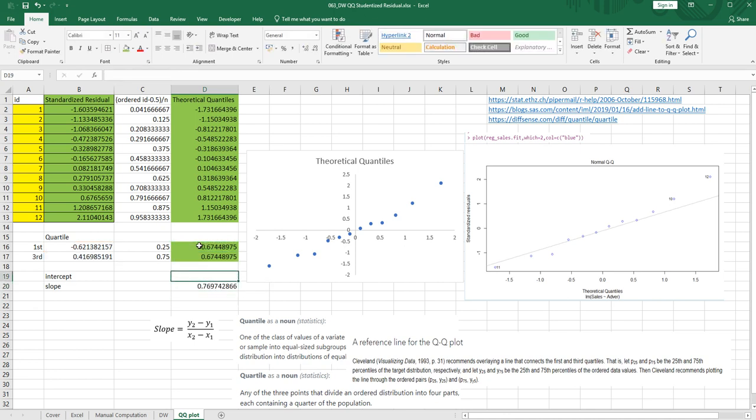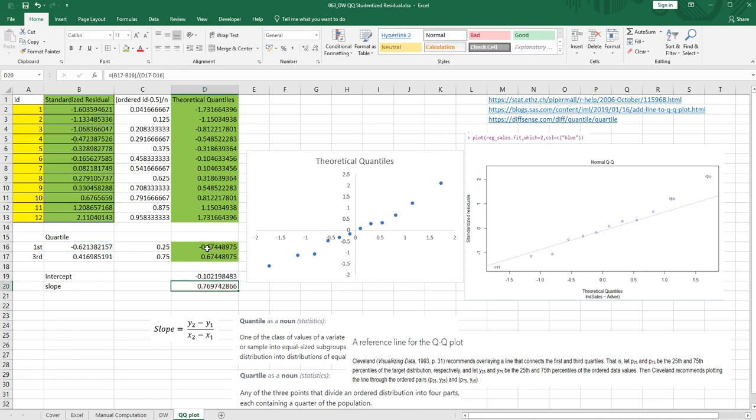Right? For the intercept, we can calculate y minus slope multiplied by x. So y, this one, minus slope multiplied by x.